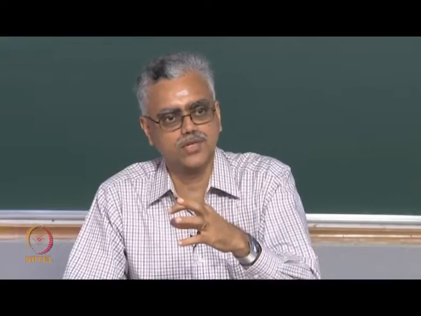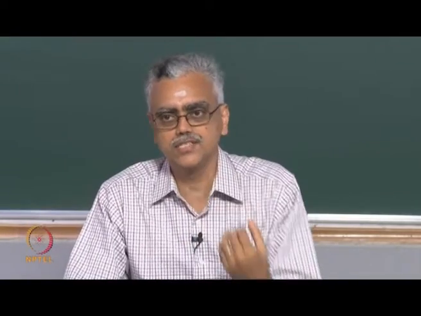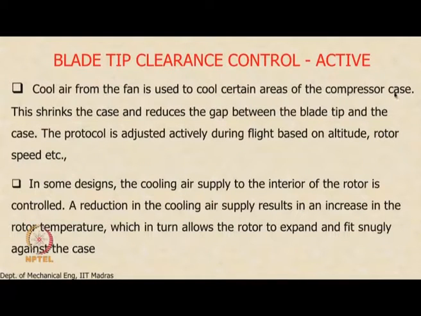The blades are exposed to the higher temperatures and they are trying to expand. So, you control the expansion and shrinking of the disc and the blade in a controlled manner by sending air into the compressor case or into the rotor. Both are possible. You can send air into the compressor case on the top, or into the rotor which is also hollow.